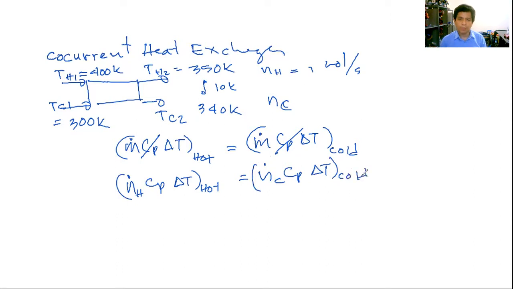Sabi ko nga, kasi parehas lang naman yung kanilang heat capacity kasi kahit malamig o mainit yung air, magka-cancel out lang yung Cp. So, ang N dot H ay 1 mole per second.